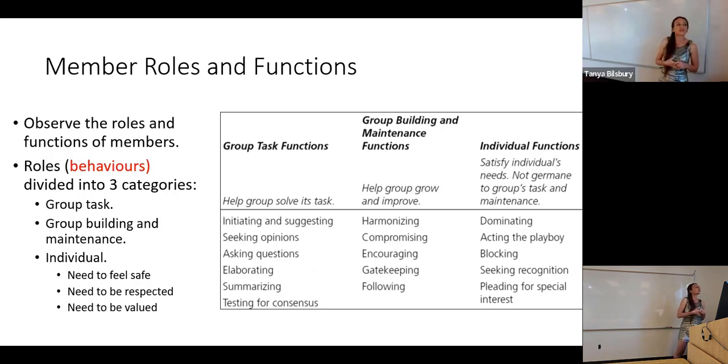I don't love the way the textbook handles this. If you look at the individual functions, they look like something to be disparaged and disregarded, right? They satisfy the individual's needs. They're not germane to the group's task and maintenance. They're things like seeking recognition, dominating, being the clown, and making things hard for other people.